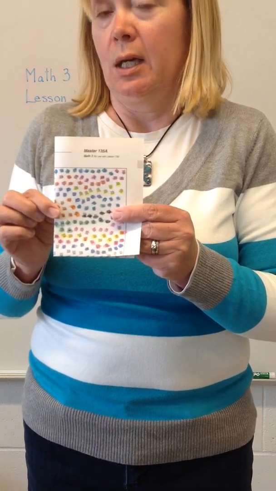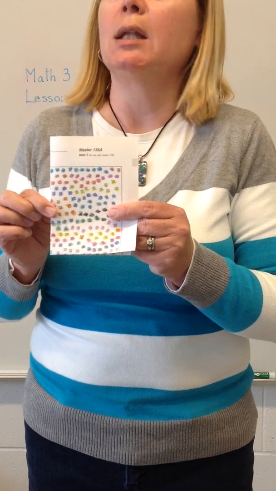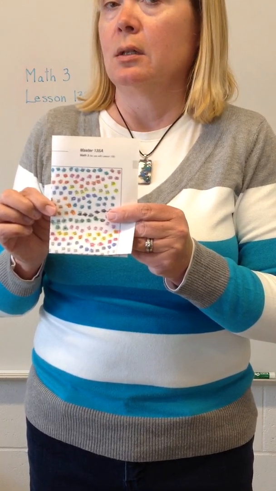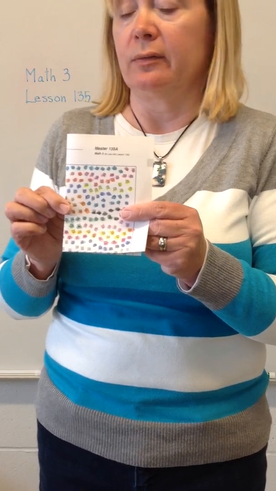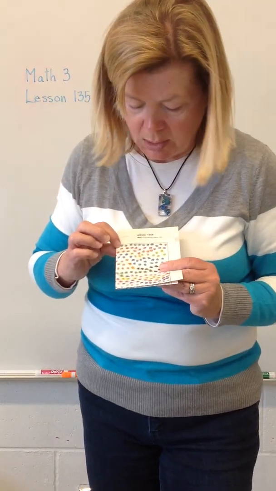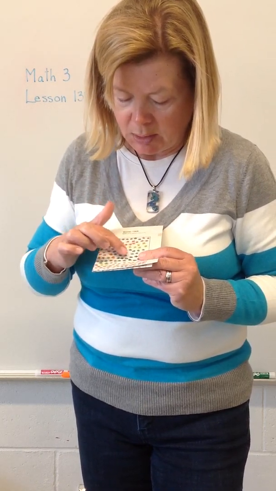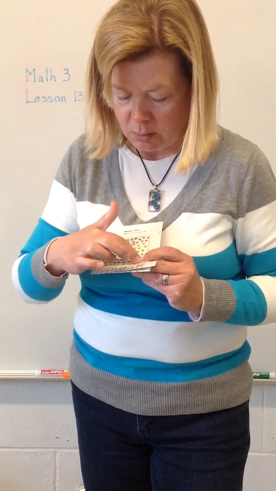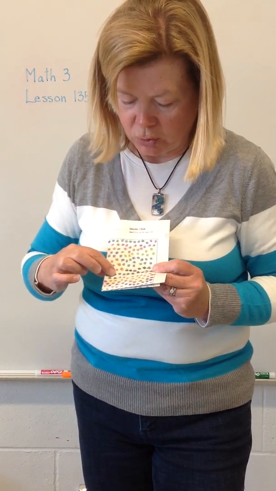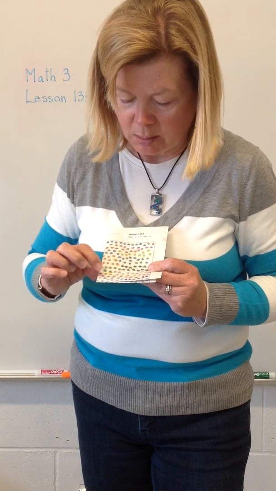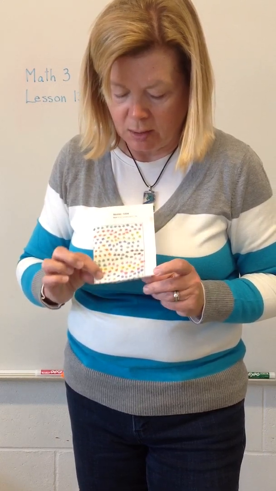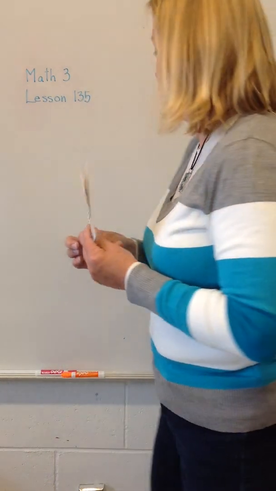So, how about if you count up how many ladybugs you have? Remember, count by tens, and I'll count up how many I have. So 10, 20, 30, 40, 50, 60, 70, 80, 90, 100, 110, 120, 130, plus the 9. So I have 139.